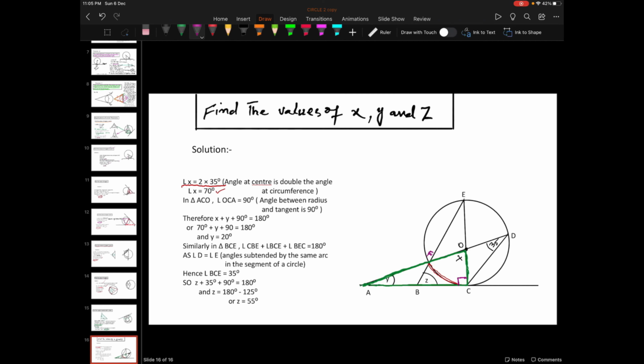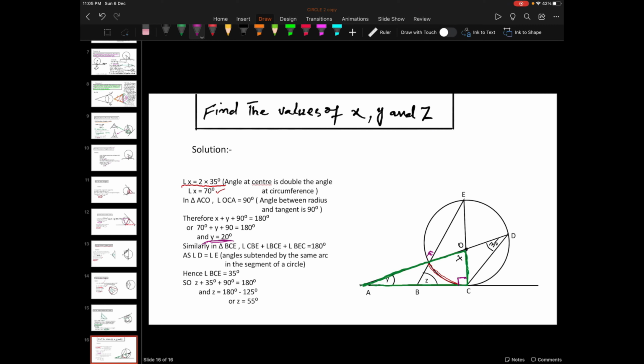Or 70 plus y plus 90 is equal to 180 degree. I have substituted the value of x in the equation. And y is equal to 180 degree minus 160 degree. So y is equal to 20 degree.